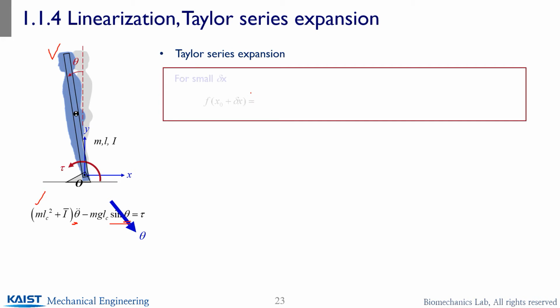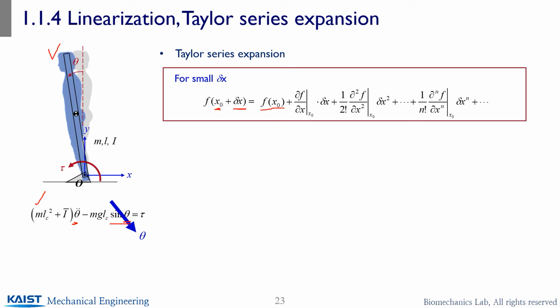The Taylor series expansion with respect to x naught, with a small value delta x, is expressed by its function value f of x naught, its first derivative times delta x, the second derivative times delta x squared, and the nth derivative times delta x to the n, and there are also constant factorial numbers in front of them.